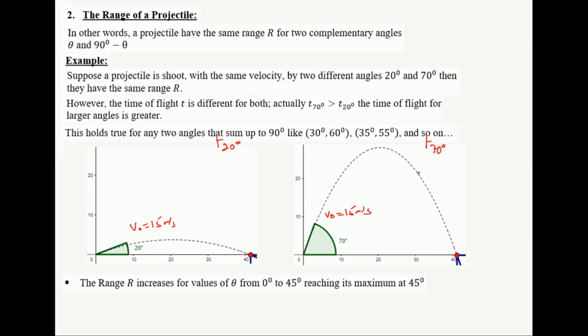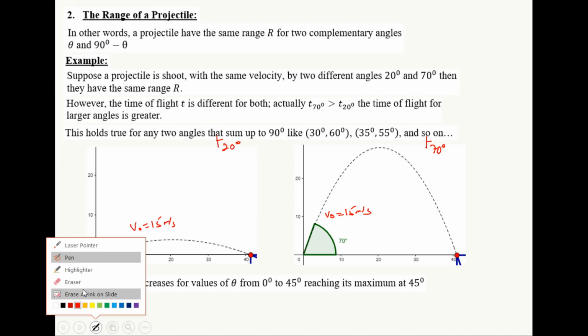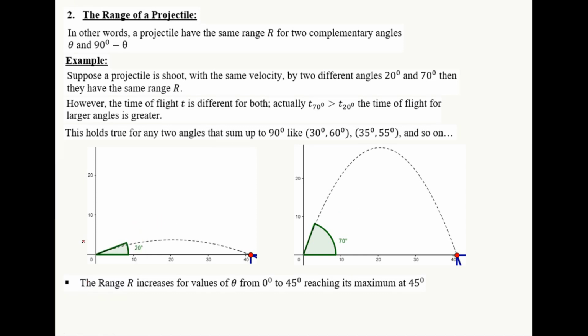Now let me also mention something very important. How does the range vary? Now let me split this angle into two parts. From 0 to 45 degrees, that would be 45 degrees.